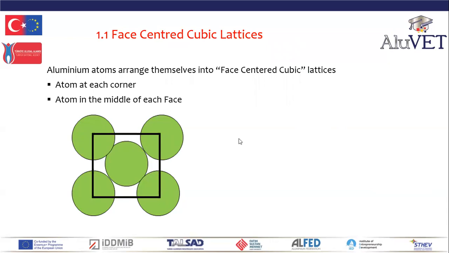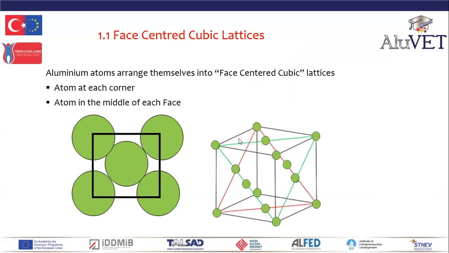So there is an aluminium atom in the middle of each of the 6 faces of the cube, top, bottom, and 4 sides, and at the corner of each of the sides. Remember, cubes are 3-dimensional, so each face-centered cube has 14 atoms. I hope my maths is right. 1 in each corner, 1 in the middle of each face.